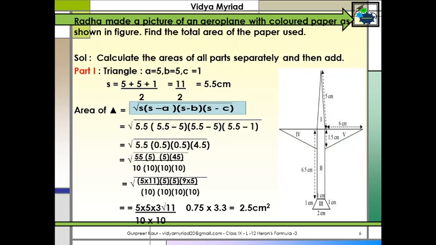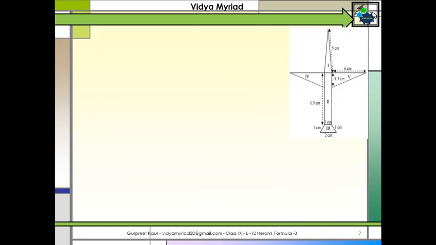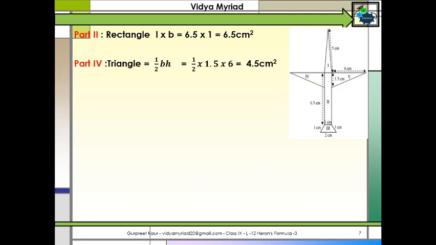Okay, now let's find out about the other areas. Now see, second part, if I see, it's a rectangle form. Rectangle is what? Length into breadth. I have 6.5, I have 1. So it comes to 6.5 centimeters square. Let's do part 4. Part 4 is triangle, that is half base into height.